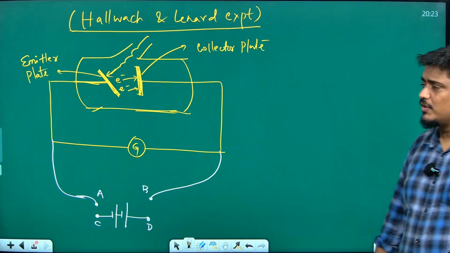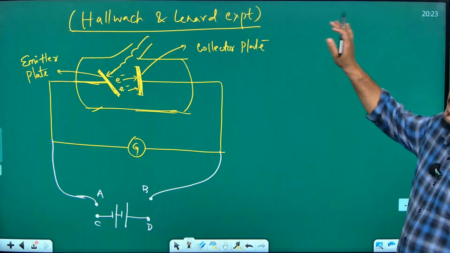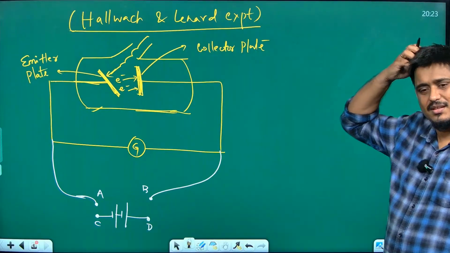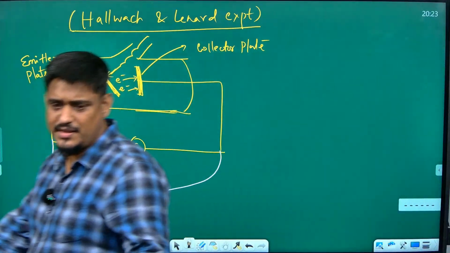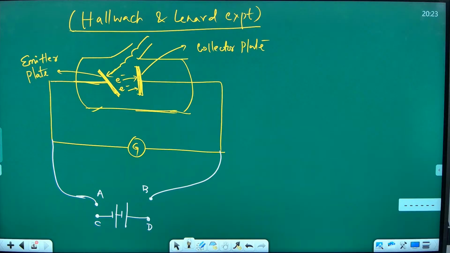So first, give the heading the way NCERT gives it, the same way we can give. The NCERT book is there. So the first heading you give as: effect of potential on photoelectric current.